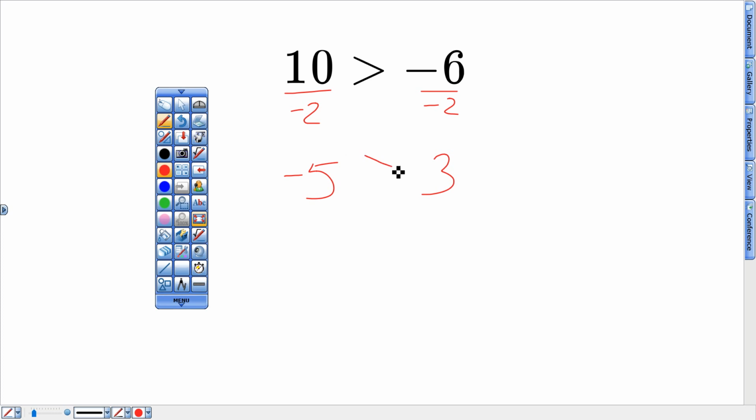So if I leave that inequality the same way, that's no longer true. Since dividing by that negative number does that little weird switch from positive to negative and negative to positive, I got to take that inequality and flip it around when I do that kind of stuff to keep that true.